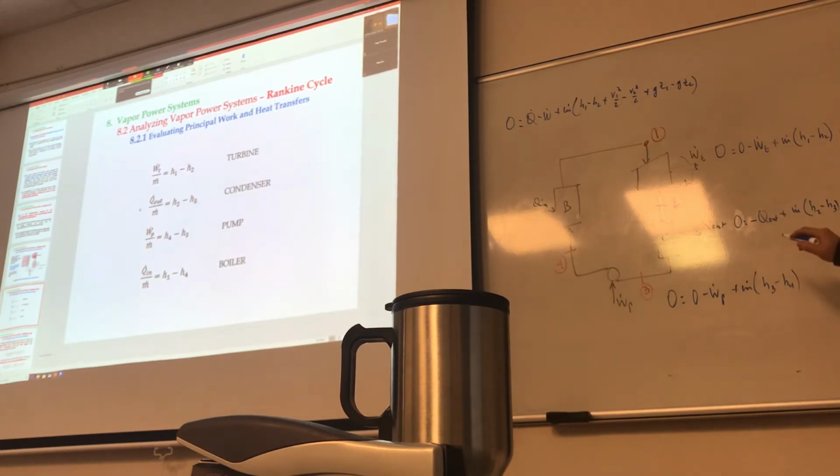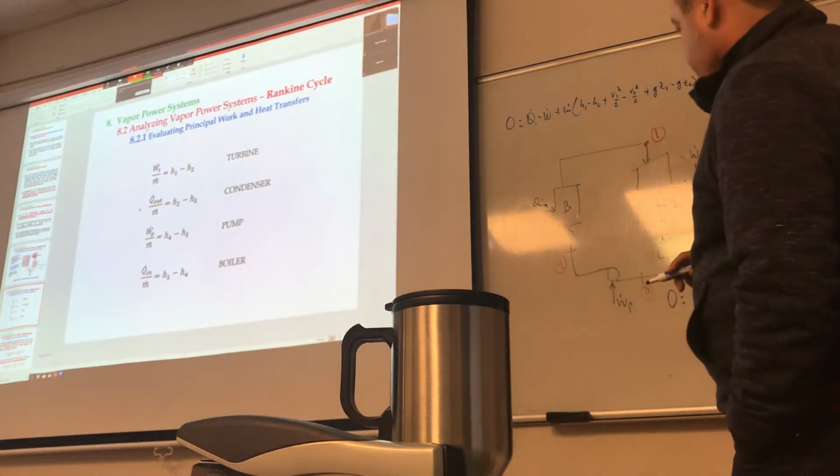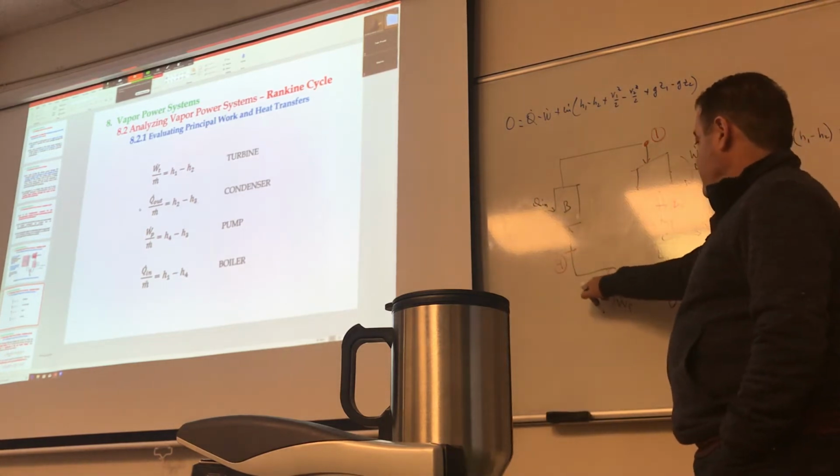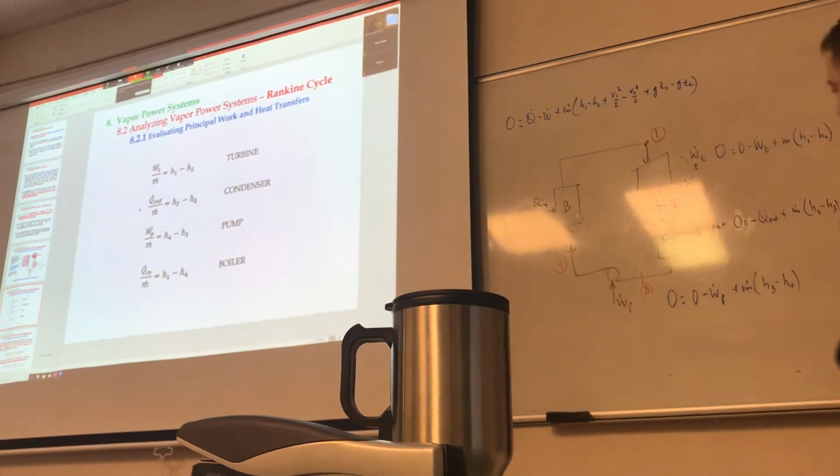So how come my sign is wrong? If there's work being done to the system, isn't the sign positive, technically? This is work done to the system, it's going in, so that's negative work. But when you move it over, it'll be positive.